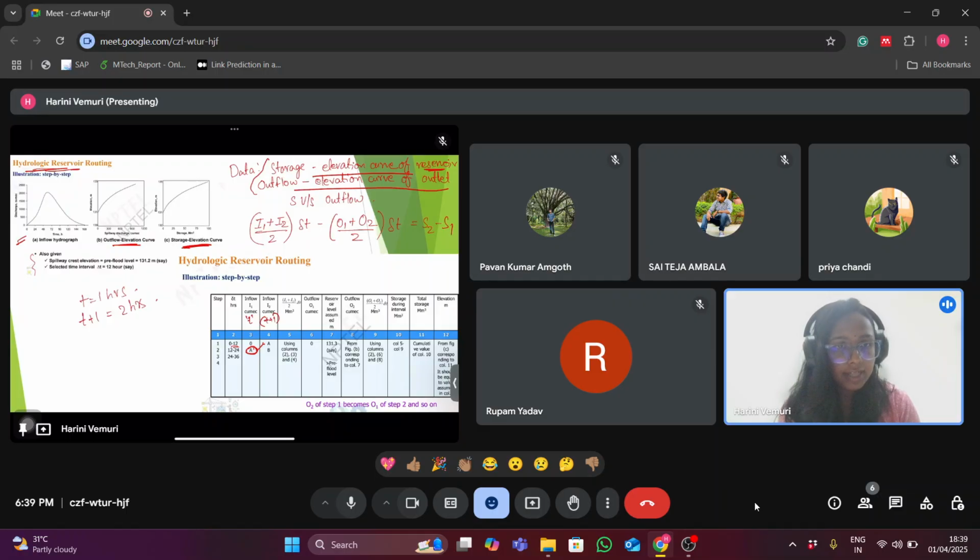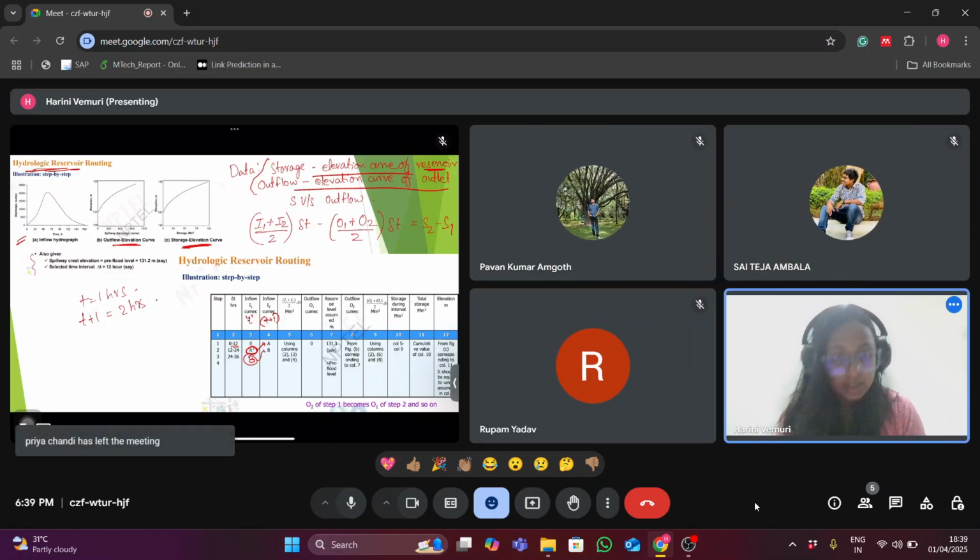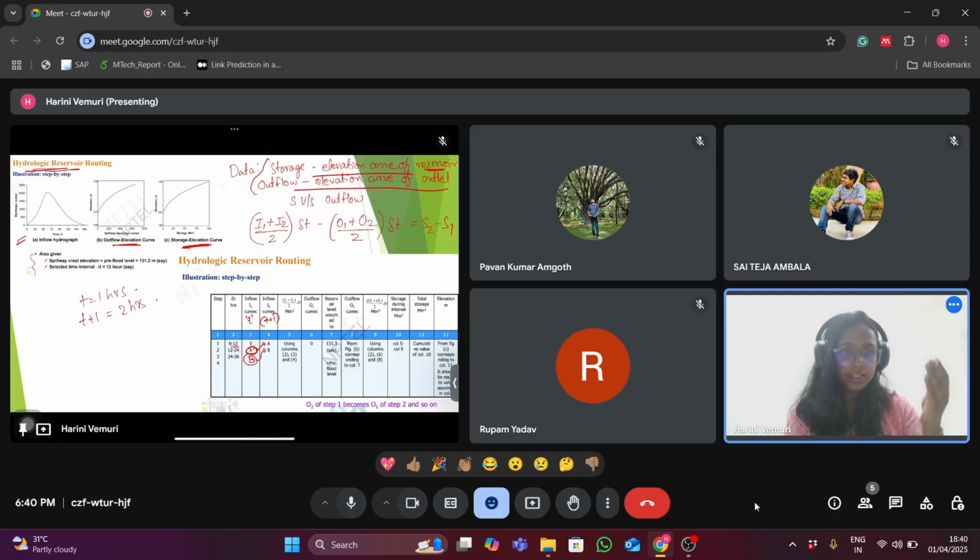Like that we will get the I2 values, bringing it over here. So we will have the inflows at time step t and also at t plus 1. Using that, by averaging them and multiplying with delta t, we will have the values of (I1 plus I2) by 2 into delta t.